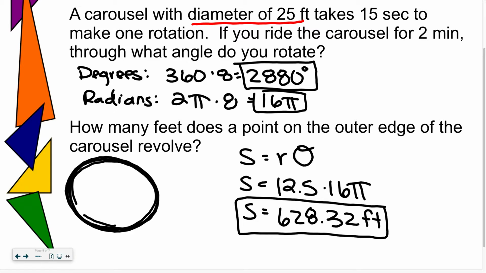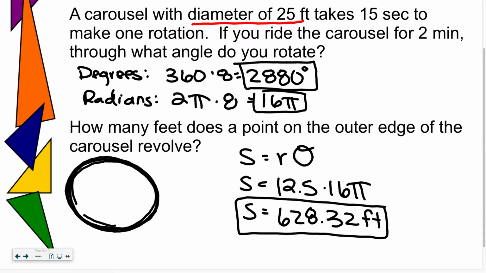Any questions? Yeah, Jacob. She also just said 200 pi. You could. I mean, obviously that's an acceptable answer, right? But if you're thinking about reporting this to someone, if I told you that you had to run 200 pi feet in PE, do you really have a great instant understanding of what that is?